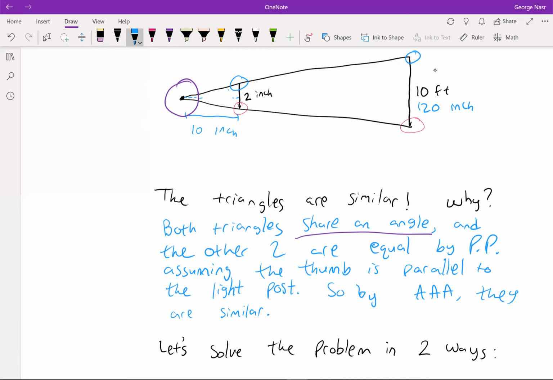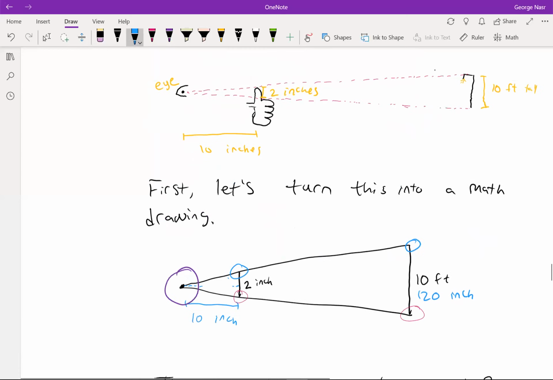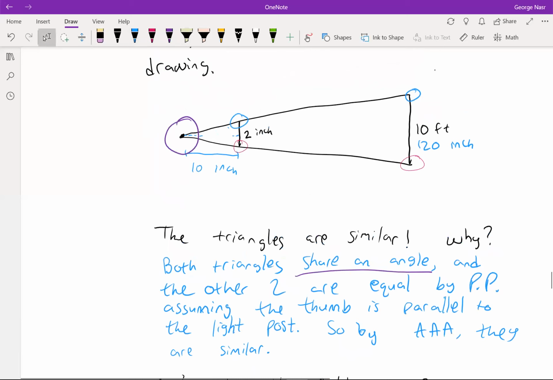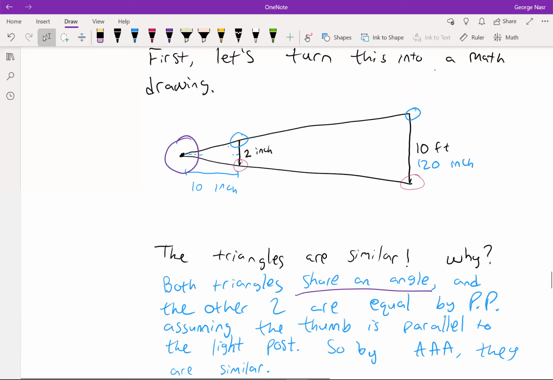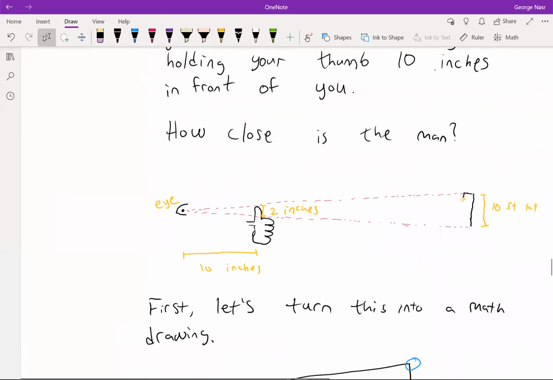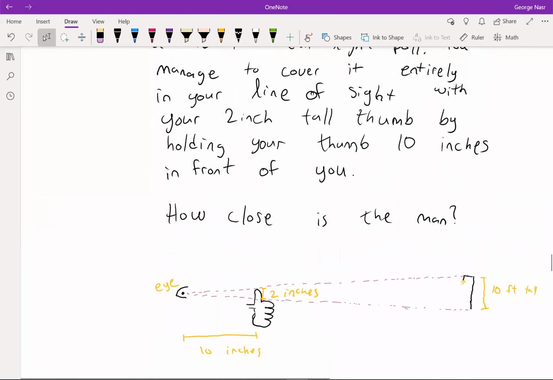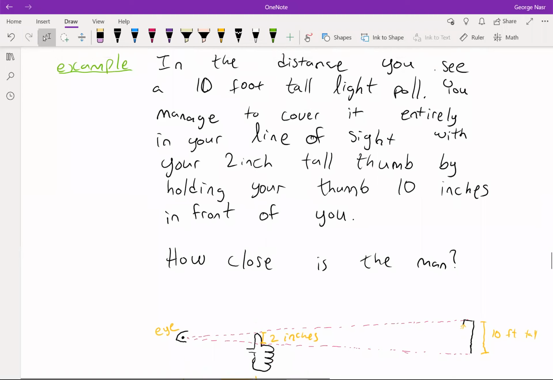All right, so with this, sorry, you might still be copying this down. Remember, what was the point of this problem? This problem was asking us how close, oh no, I'm sorry, I just caught this now. I said, how close is the man? I guess you could interpret this problem differently.